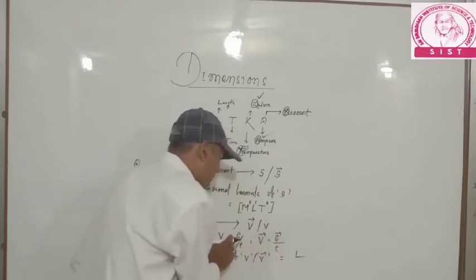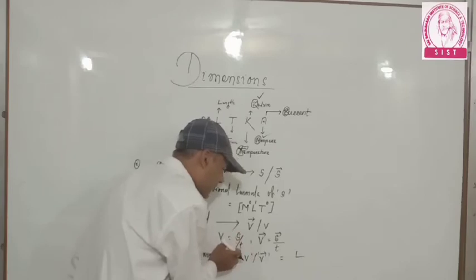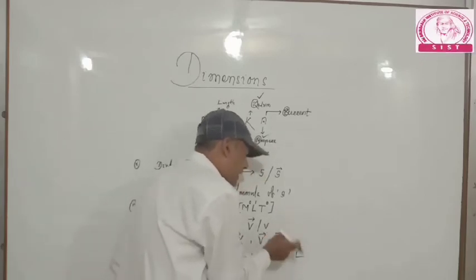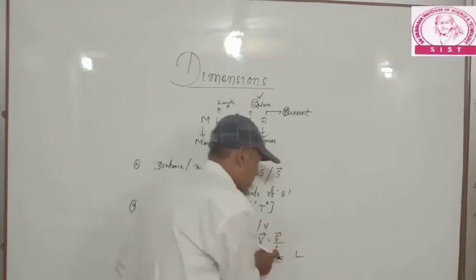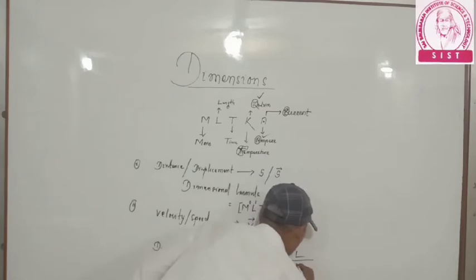So here it is written S by T, meaning distance by time. You can say it is a certain length by time. Here it is displacement by time. You can also say that it is a certain length by time. So I can write the dimensional formula of V is equal to L by T, length by time.